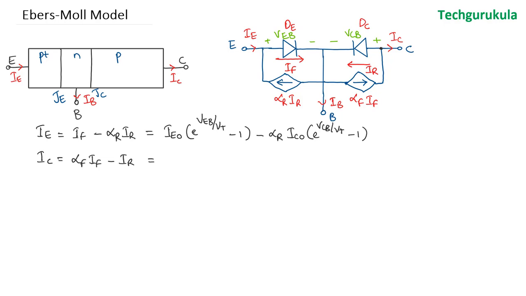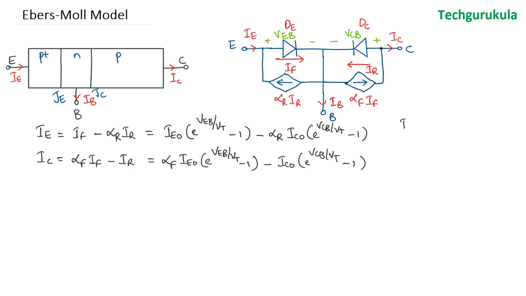We can write this equal to alpha F times IF, which is IE naught times e power VEB over VT minus 1, minus IR, which is IC naught times e power VCB over VT minus 1.